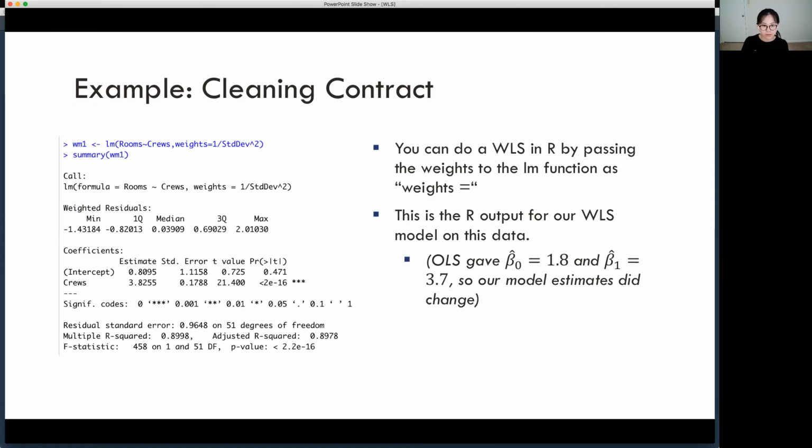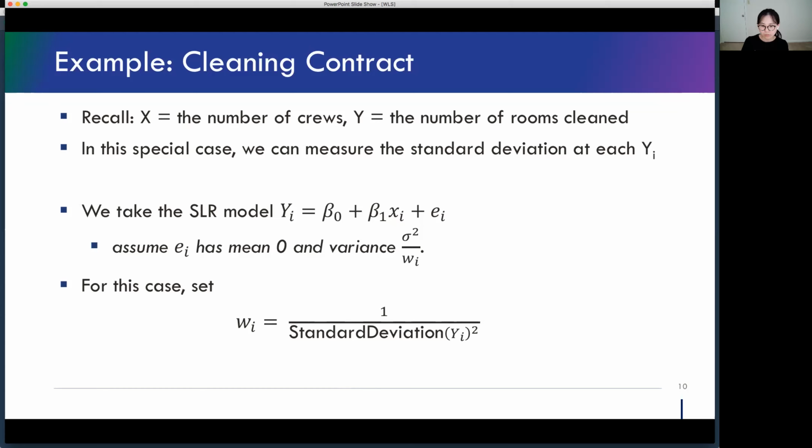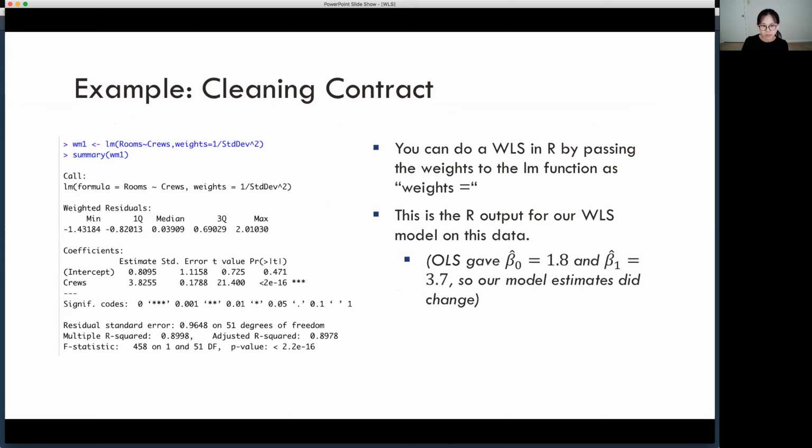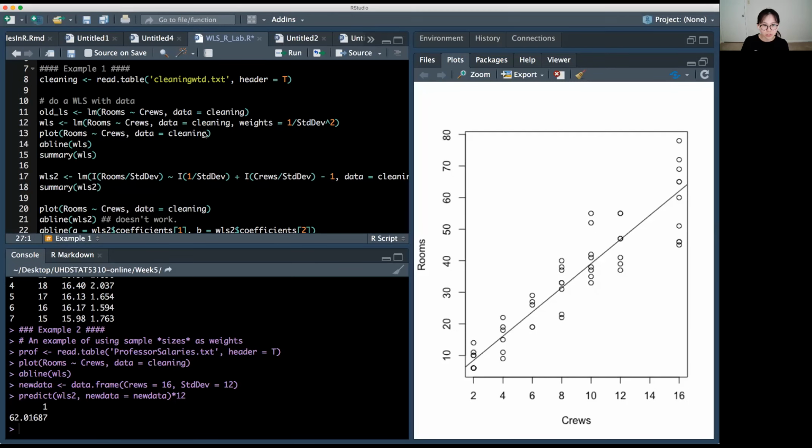Let's take a look at how we do this with R. Actually, I have this in our lab, so let's just go directly to our lab session here.